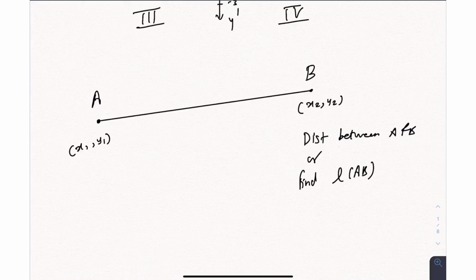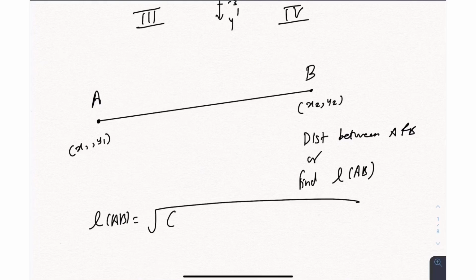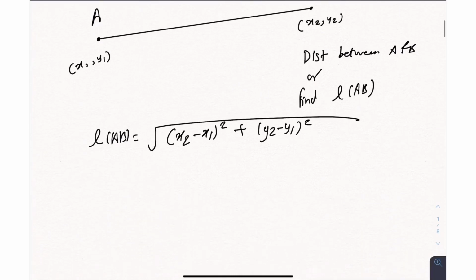We have to use the distance formula in this case, and the distance formula is the root of x2 minus x1 the whole square plus y2 minus y1 the whole square.